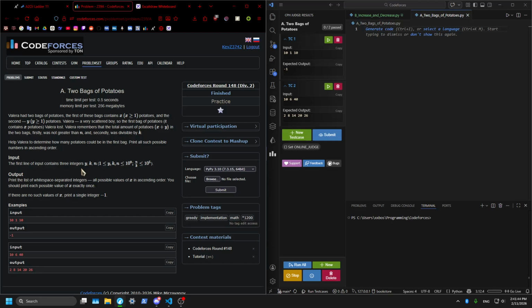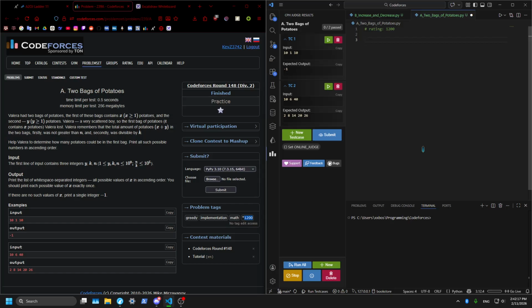She remembers the total amount of potatoes: not greater than N, divisible by K. Help her determine how many potatoes could be in the first bag. Print all such possible numbers in ascending order.